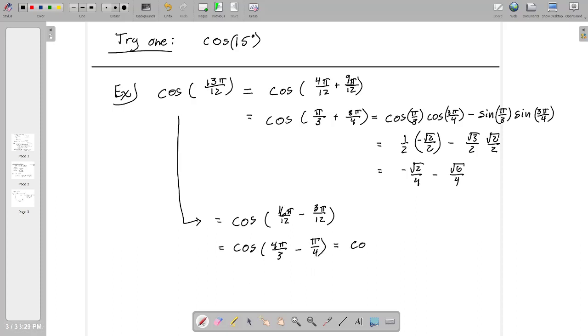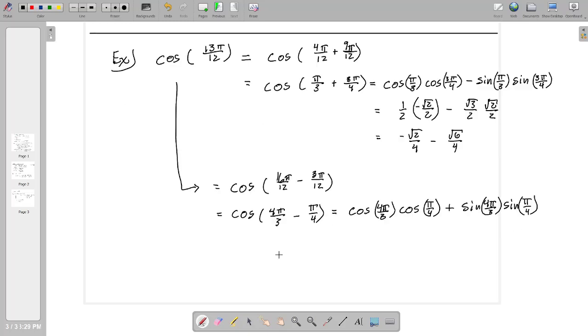This then becomes cosine of 4 pi over 3, cosine of pi over 4, plus, we have a plus now because we have a subtraction here, sine of 4 pi over 3, sine of pi over 4. Now, cosine of 4 pi over 3 is negative 1/2.